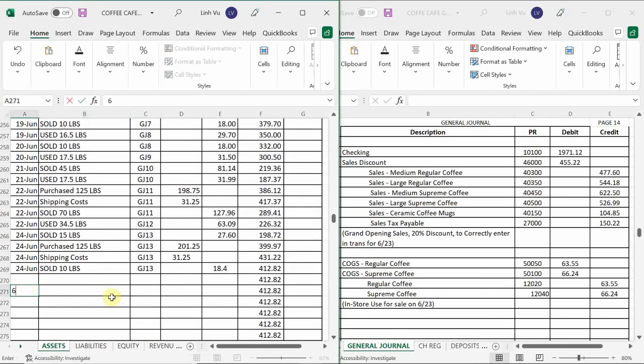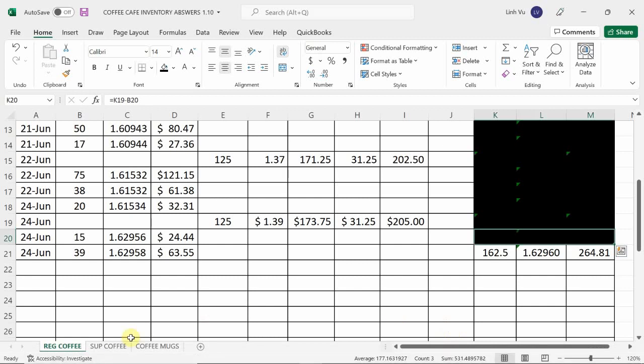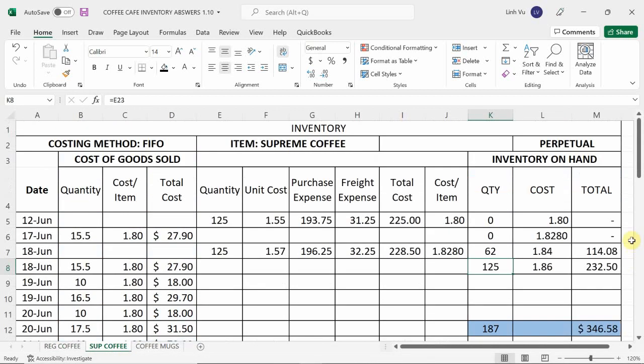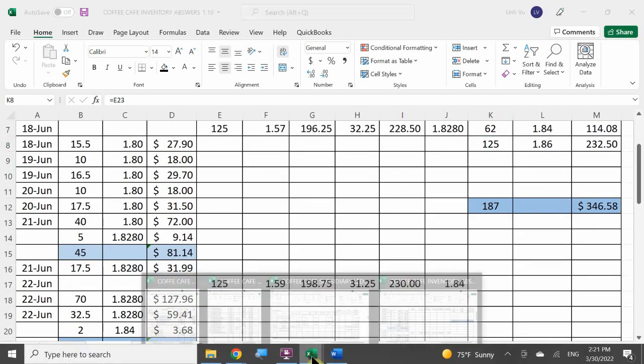My Supreme Coffee. We used 36 pounds on June 23rd. For $66.24. So we should be left with 658. 658. Good. So we match on both ends.